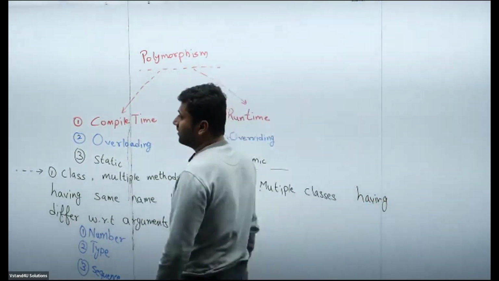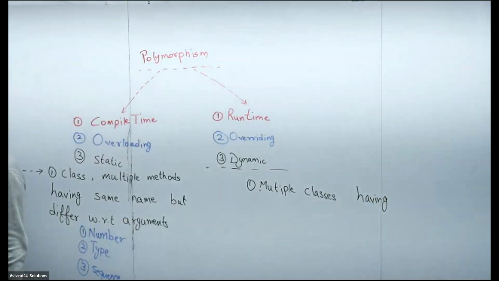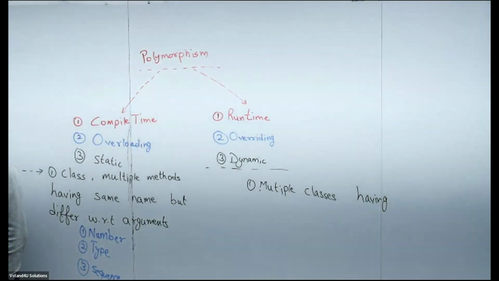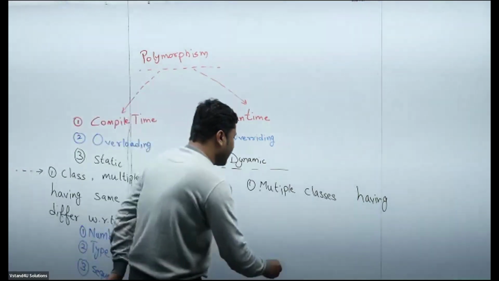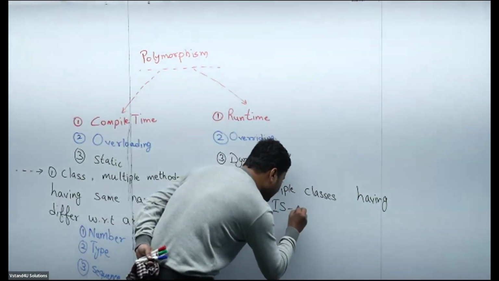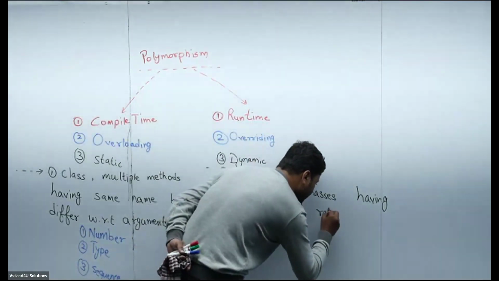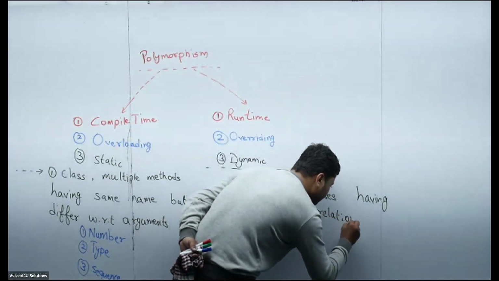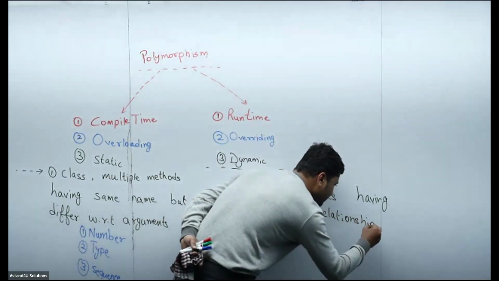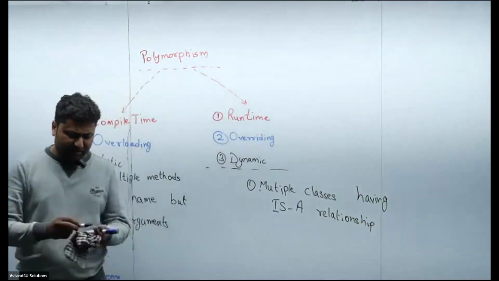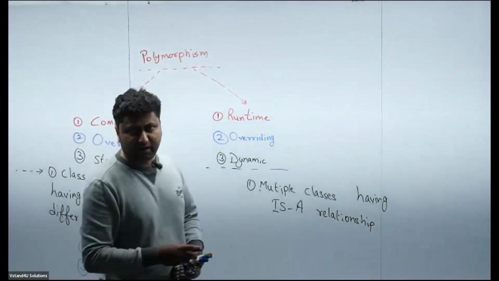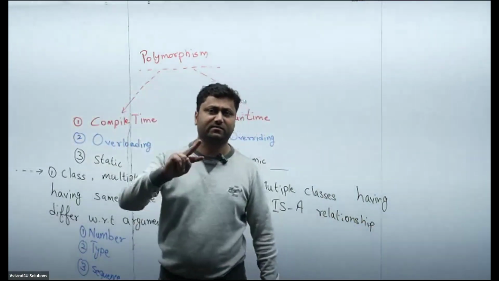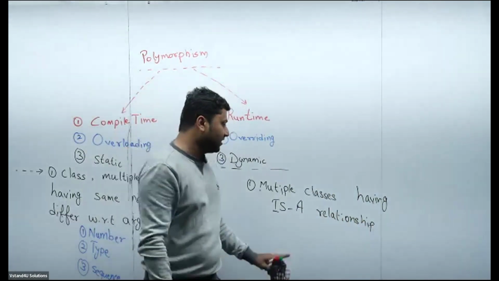Multiple classes must have what? Perfect, Dilshad. A relationship. What is the relationship? Inheritance only, right? There must be parent-child classes. Multiple classes having an is-a relationship.